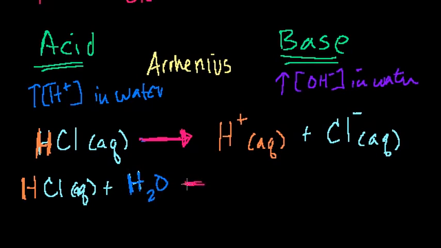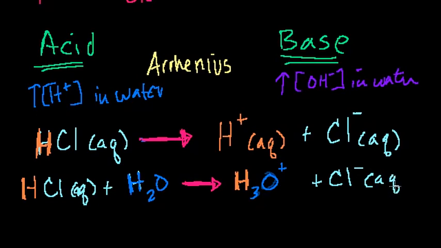It's a one-way reaction, and then you end up with, and I think you understand, you have H, obviously not all three of them are, H3O plus. It donated its hydrogen proton to this water molecule, and then you have plus the chloride anion in an aqueous solution.